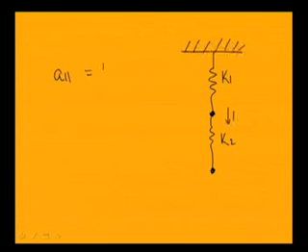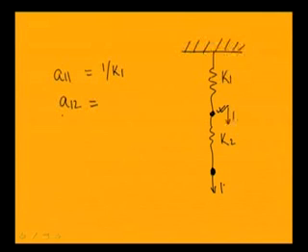Now A12. A12 is the displacement at 1 when we apply a unit force at 2. So a unit force is applied here, and I have to find the displacement at this position. When a unit force is applied at this position, these two springs are in series.